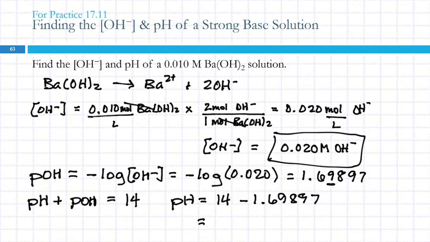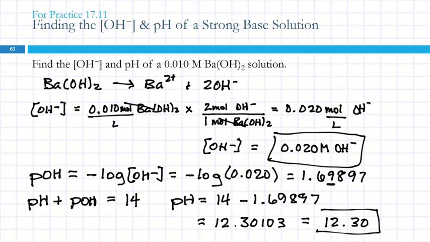So 14 minus that is 12.30103, so 12.30. Any questions?